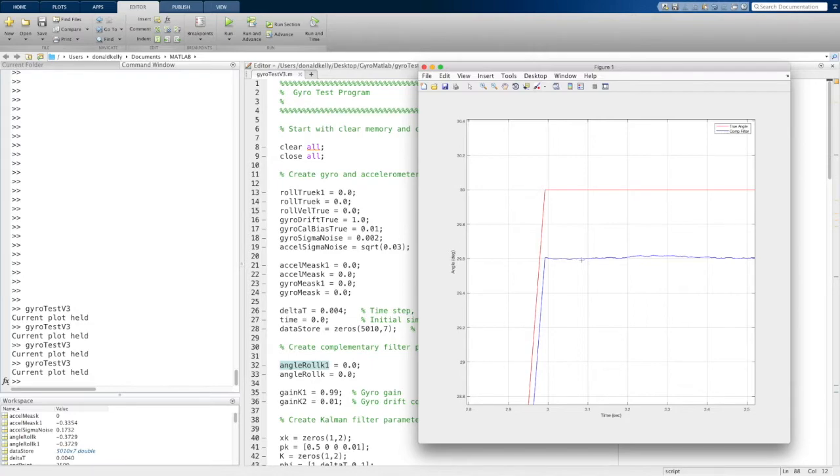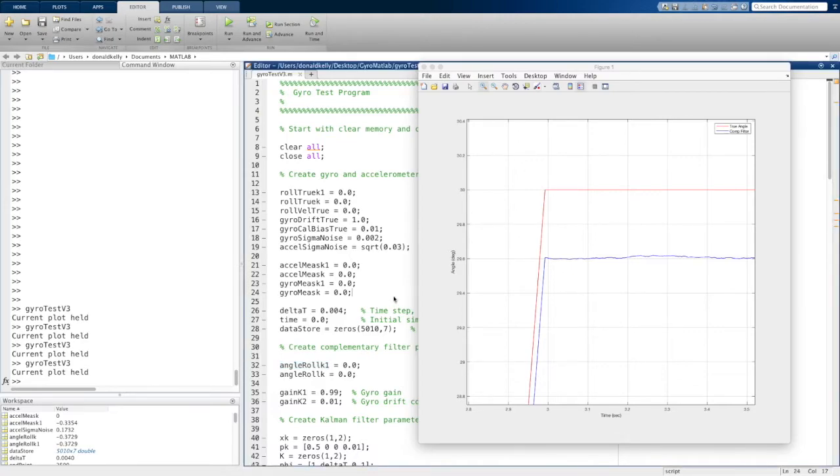I mentioned that I could increase the gain on the accelerometer and try to remove some of that lag. Also, it could be part of the bias, but if I do that, I might expect to see noise in here from the accelerometer. So let's see if that happens. Let's go back and close this out.